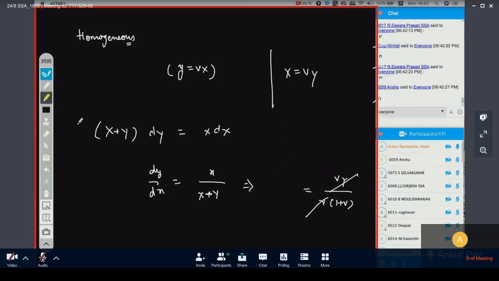Now in the similar way as the previous one, if x is equal to vy, or y equal to vx, whatever, we have put x equal to vy, so we will be calculating what? y dash. Yes or no?